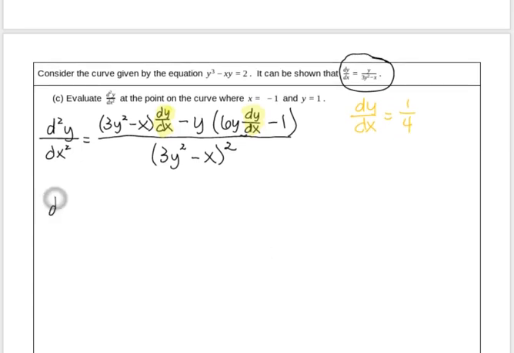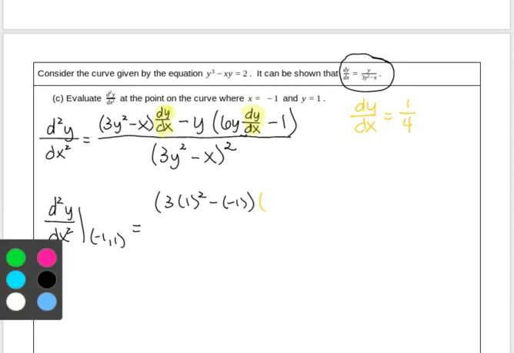This is a little bit easier than if they just wanted the derivative. So now let's go ahead and evaluate it at the point -1, 1. So let's see, we're going to have 3 times 1 squared minus -1 times that 1/4.